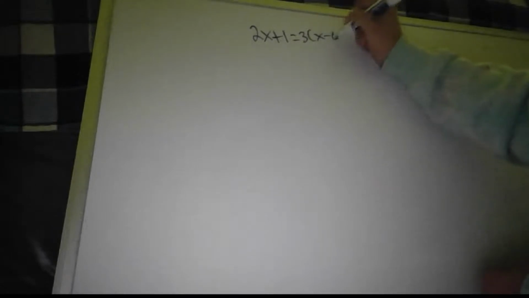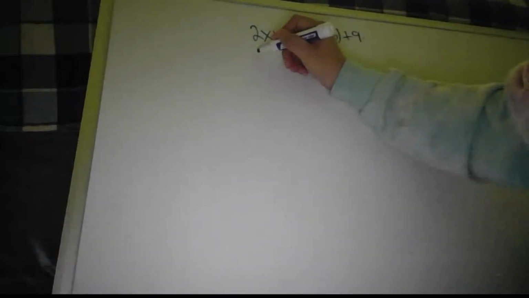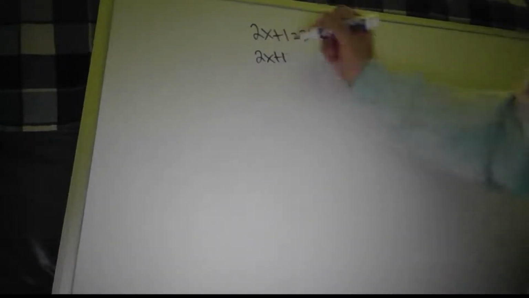So let's see. 2x plus 1 equals 3 times the quantity x minus 6 plus 9. We're going to leave the left side the same.